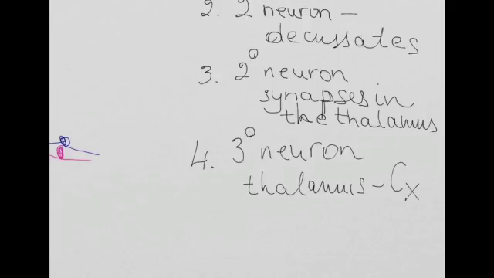The difference between the spinothalamic tract and the dorsal column is where they are found in the spinal cord, and also where they synapse on the second order neuron and consequently where their decussation happens.